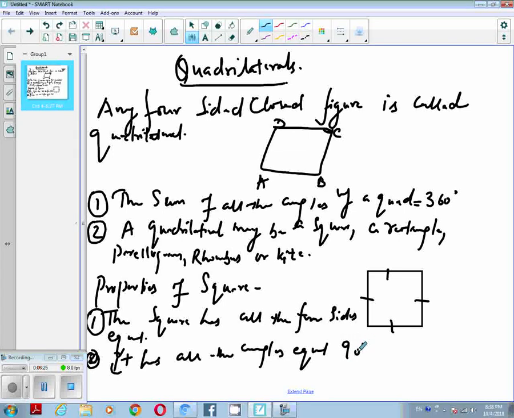It has all the angles equal to 90 degrees like this. All the four angles of the square are 90 degrees, so the sum is equal to 360 degrees.